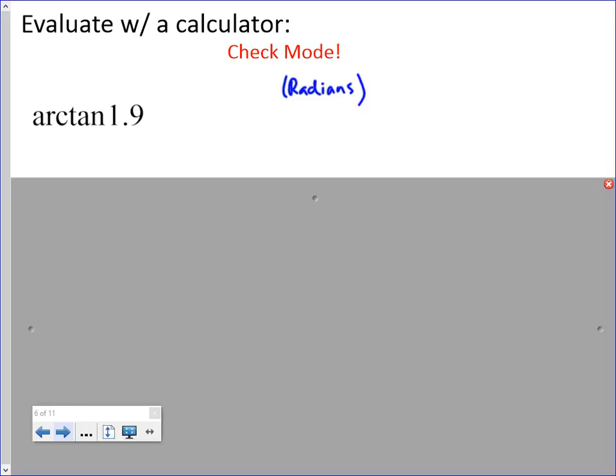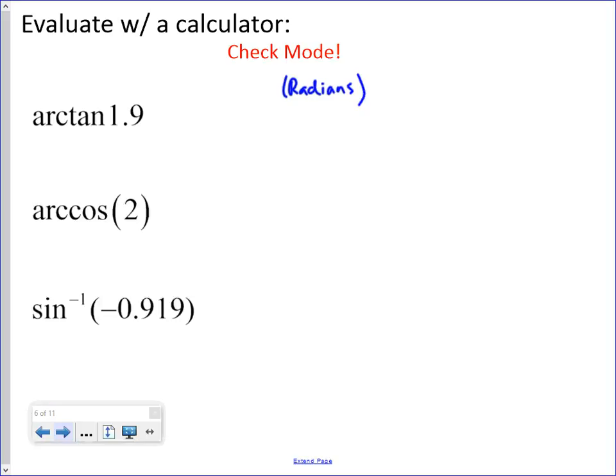I'm just going to put up the answers, and you can see if your calculator is giving you correct values, and call me over if you're having trouble. For arctangent of 1.9, you should get 1.086. For arccosine of 2, you should get a domain error. That's just like arccosine of 2, not possible.